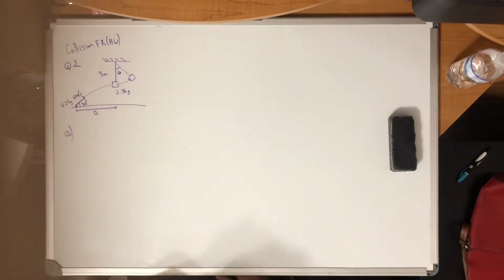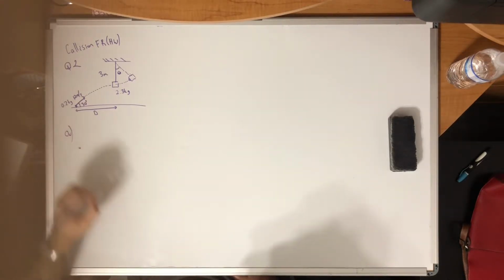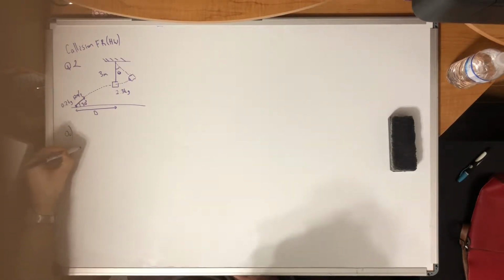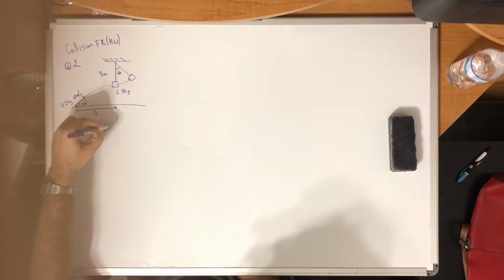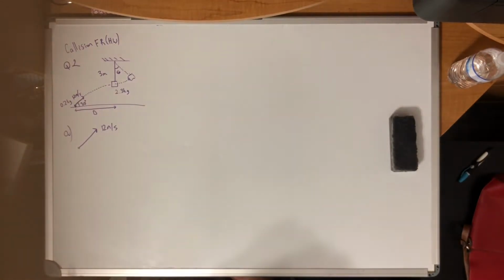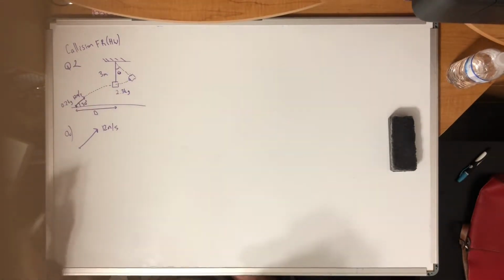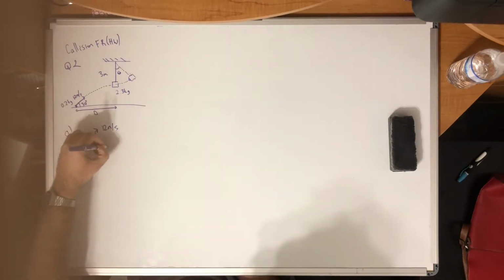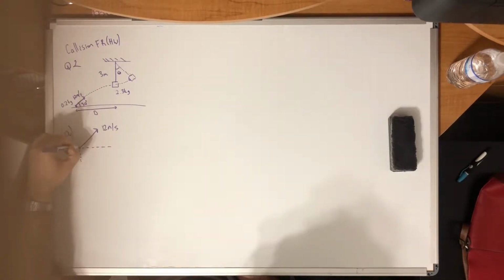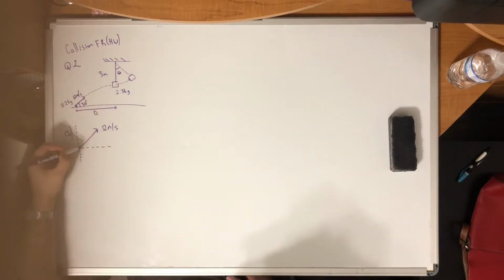To be able to start this, remember when we have a vector with an angle, you always find the components of it, because a vector with an angle is not going to help you, because we're always going to work on the x and y axis. So you put this vector on the x and y coordinate system, and this angle is 30 degrees.